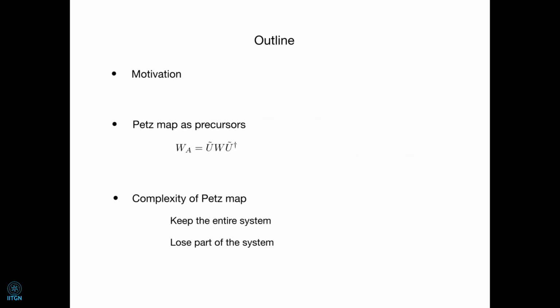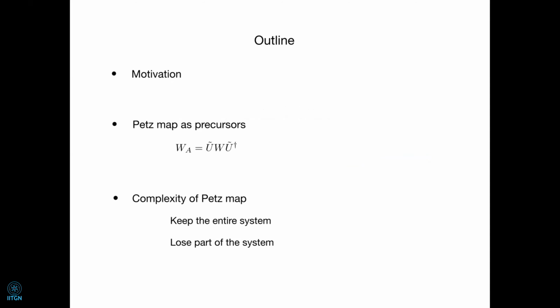I will first give some motivations, and then during the second part of the talk, I will try to show how to write Petz map as precursors. In this talk, I will use the word precursor in a flexible way.